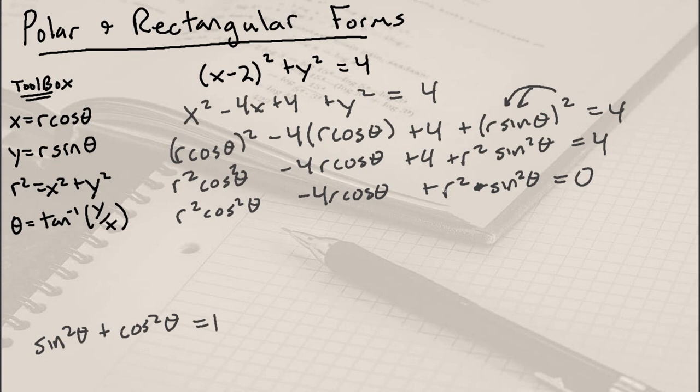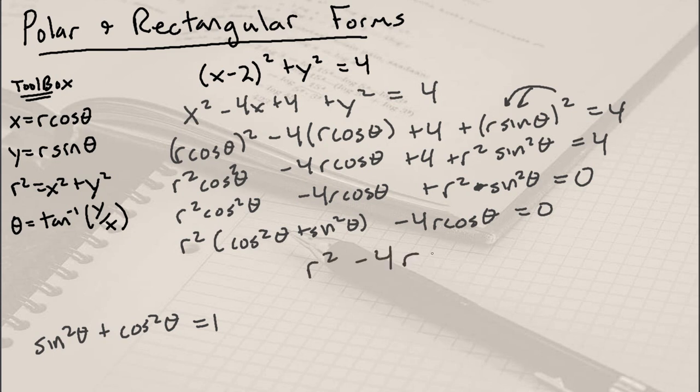I do have an r squared right there, but I could factor it out. So I'd have r squared times cosine squared plus sine squared, then I have my 4r cosine theta. And this is all just 1. So I have r squared minus 4r cosine theta equals 0.